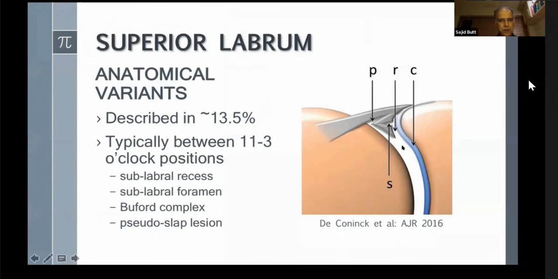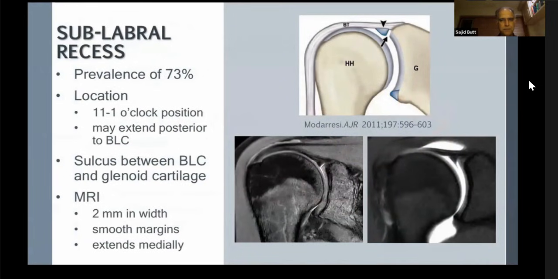Again, from American Journal AJR, they nicely describe that's the biceps tendon, that's the labrum. You can get a little recess present here, you can get a little recess present here. So that's the sublabral recess that we should not be calling abnormal.